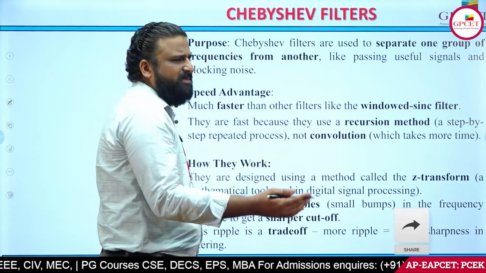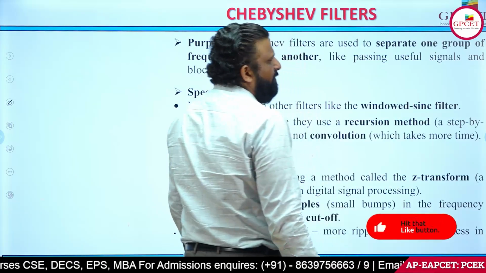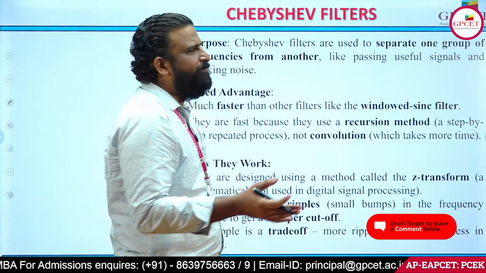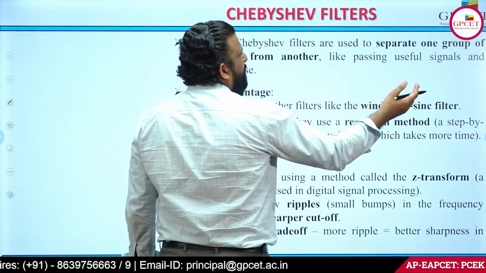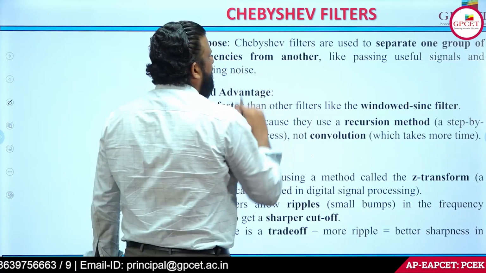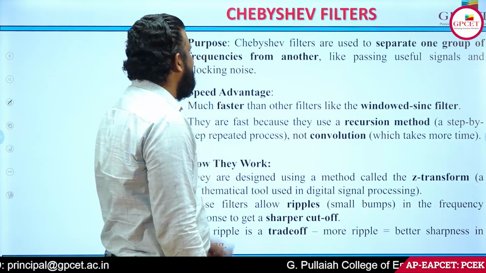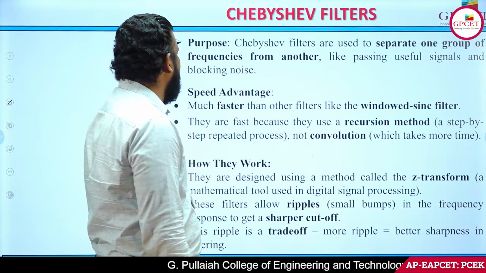That means we want to separate the unwanted things, the unwanted frequencies, from the original signal, passing useful signals and blocking the noise. So this is one of the purposes why we are using the Chebyshev filter.